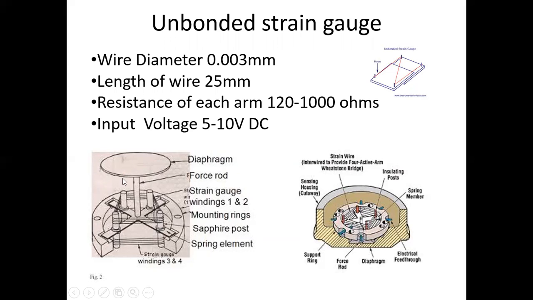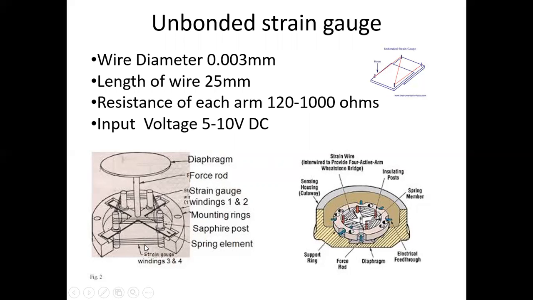This is your diaphragm. This is the force rod, strain gauge windings, first and second winding. This is the mounting ring. This is the sapphire post. This is your spring element.